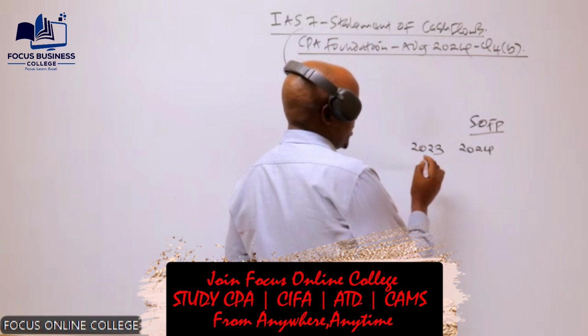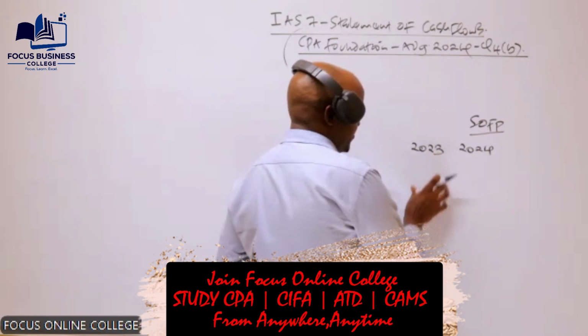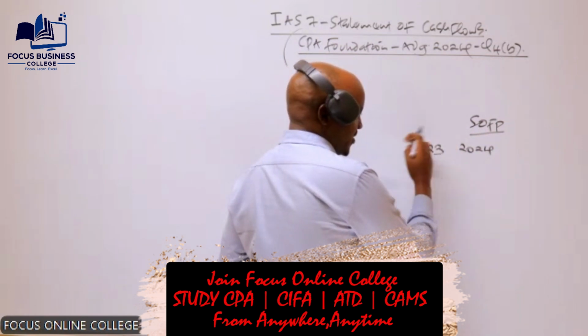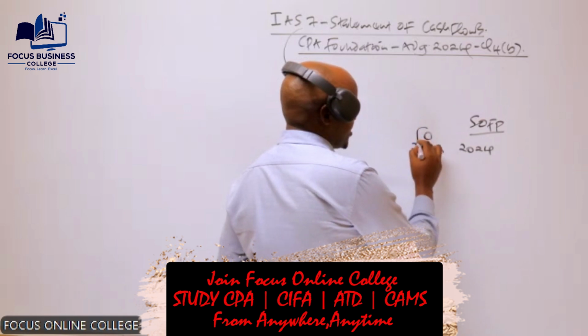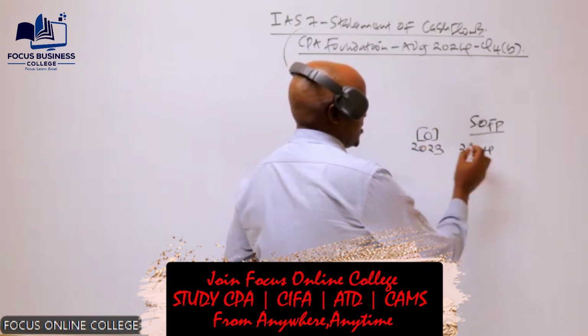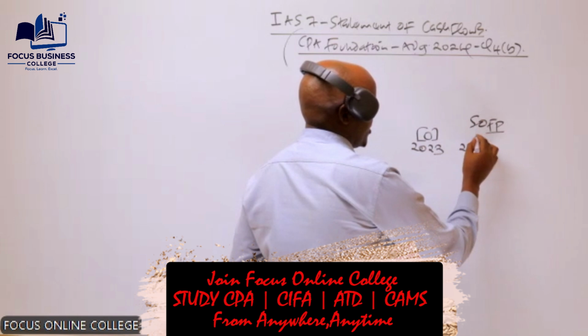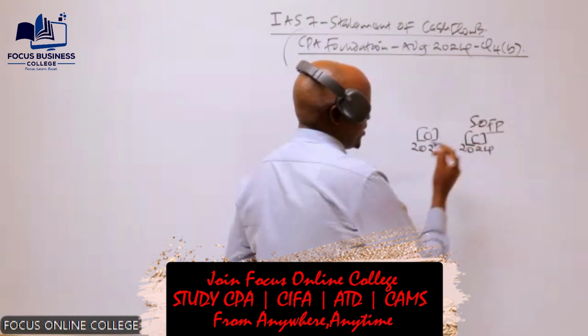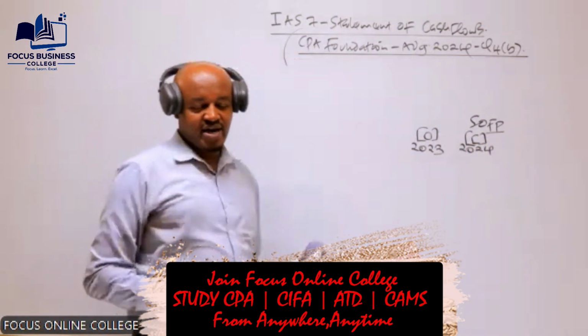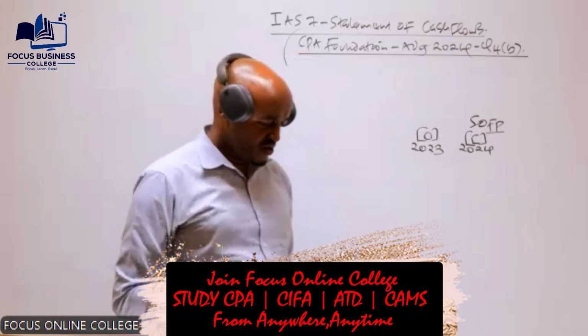What you need to note is that the figures given in the statement of financial position of the previous year, 2023, are treated as the opening balances, whereas the figures in the statement of financial position for 2024 are closing balances. That's basically what you need to know.